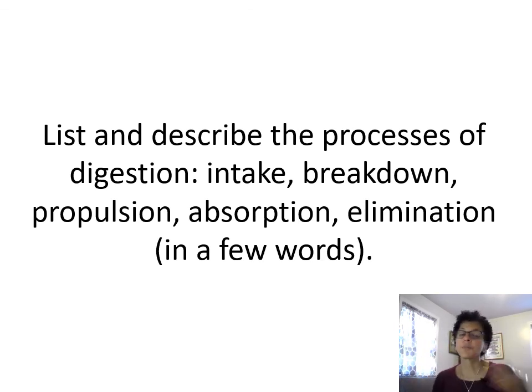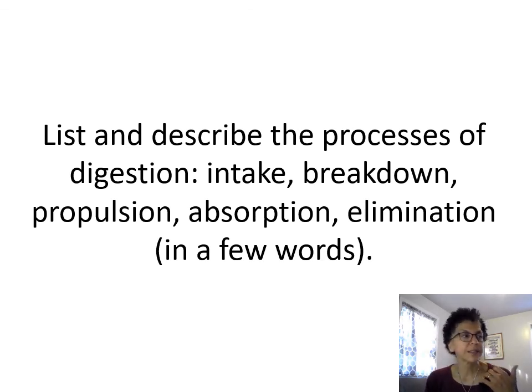All right, propulsion. Propulsion just means to move, and that's going to include things like peristalsis and segmentation. Absorption is what happens in your jejunum, ileum, and colon, right? Absorbing means to move something from the lumen into the blood supply.